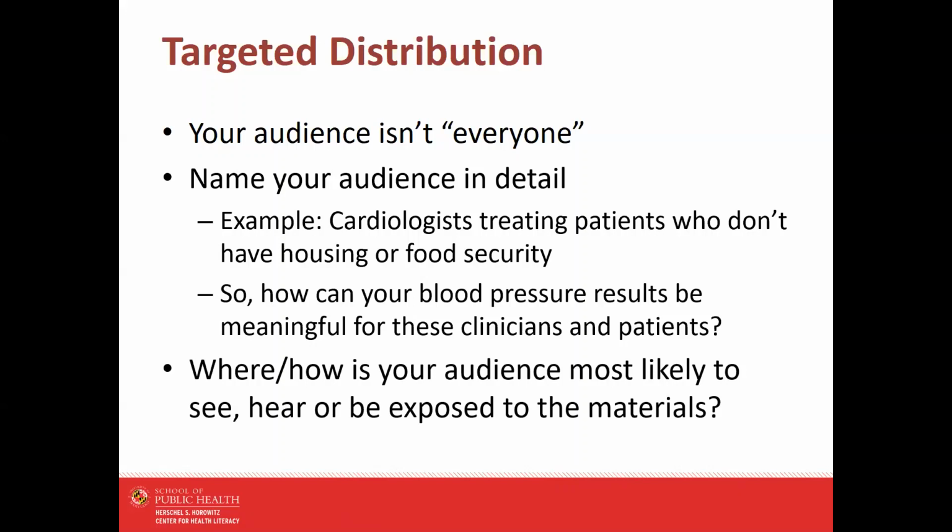And you have to think about where people are most likely to see, hear, or be exposed to your information. As I said, cognitive scientists will tell you we spend almost all of our waking hours using mental models or heuristics to very quickly process information in as little time as possible.